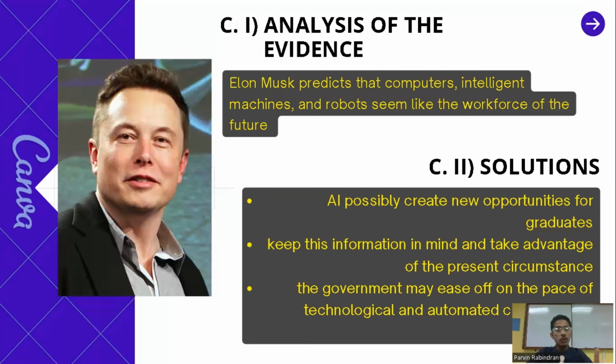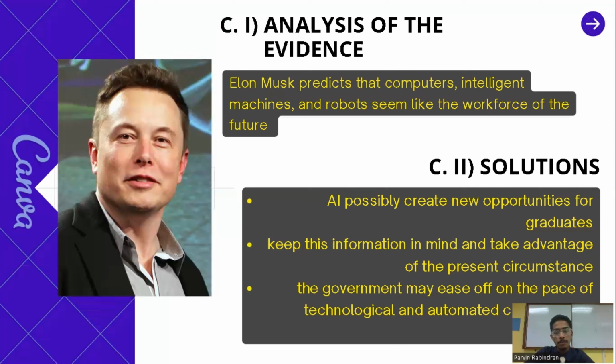Therefore, students who are considering applying to colleges and universities should keep this information in mind and take advantage of this present circumstance by selecting programs that are related to science and technology. This will make it possible for a greater number of students to get employment as soon as they graduate.